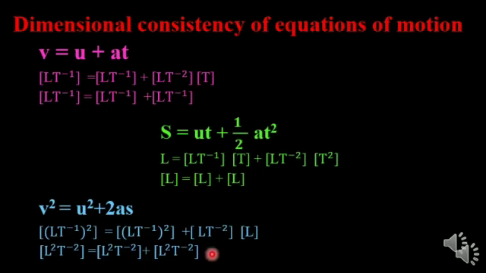Here, each term in the equation is L square T to the power of minus 2. Hence, each term is same. So, the third equation of motion is dimensionally correct.